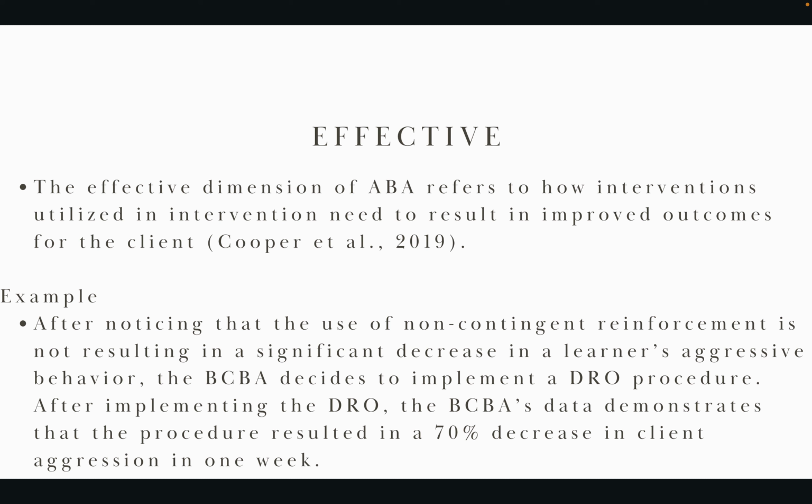Therefore, they went from one intervention to another intervention that did produce desired results that the client's program was seeking to obtain, which was the decrease in aggression. Therefore, this DRO procedure is effective in reducing client aggression and producing a socially significant outcome for this learner.